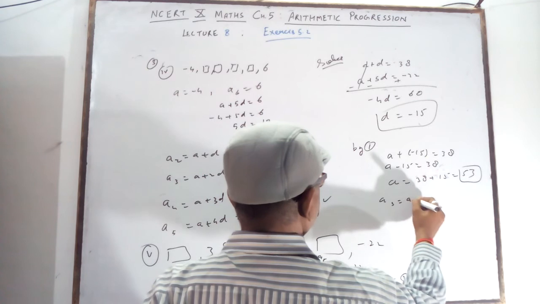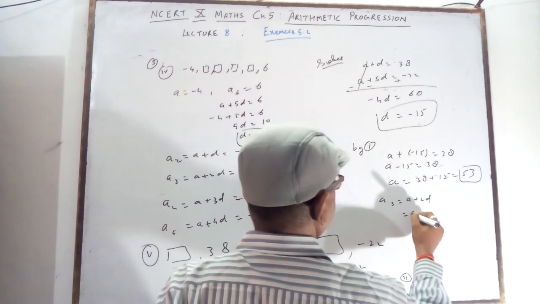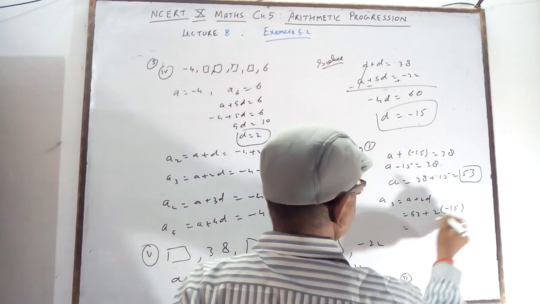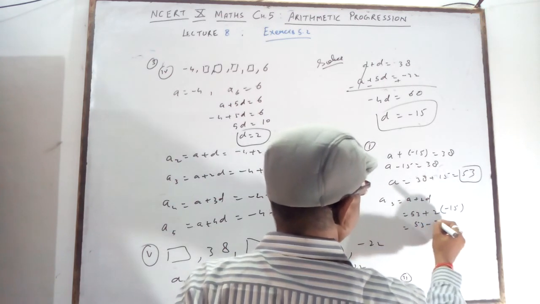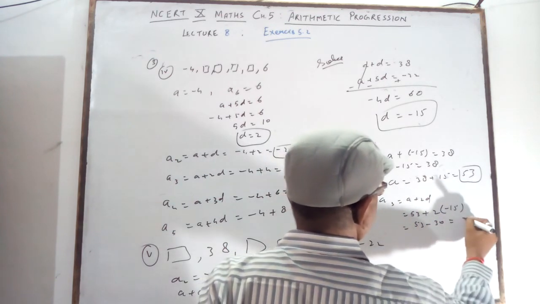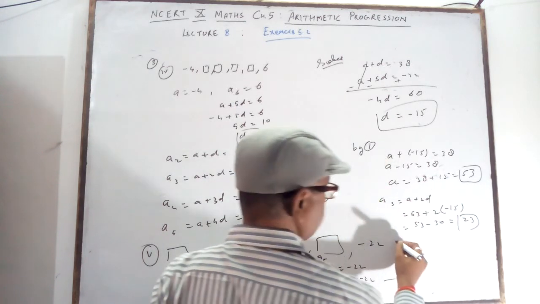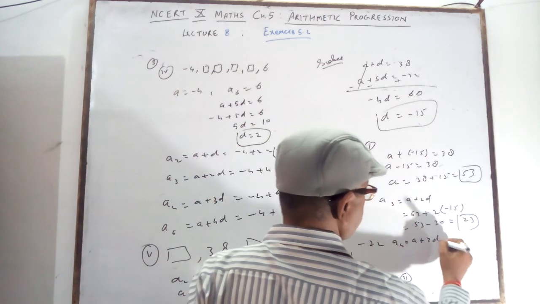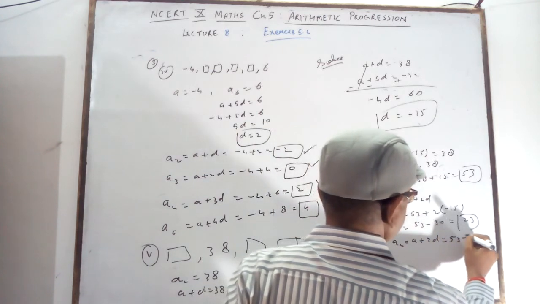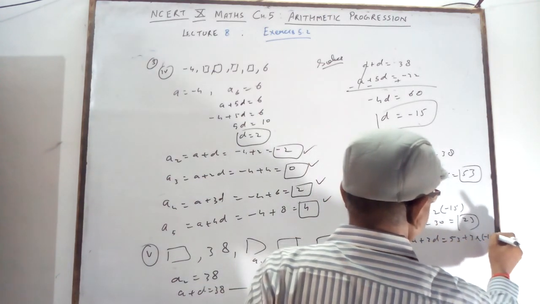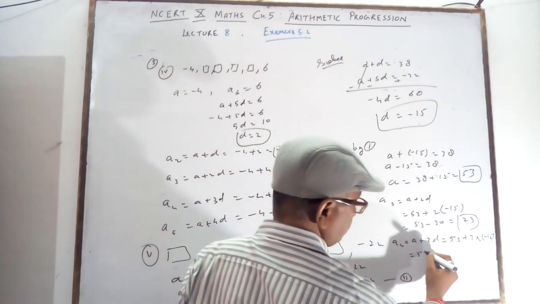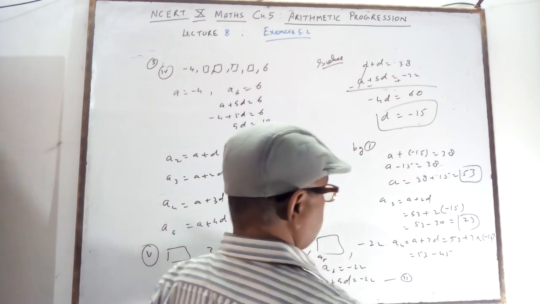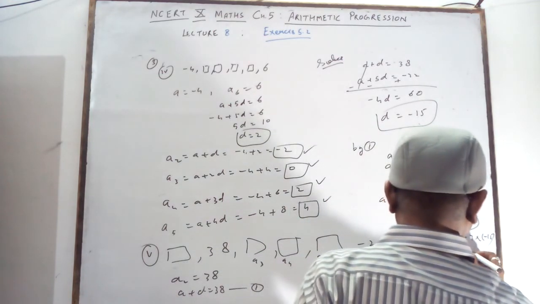A3 is equal to A plus 2D. 53 plus 2 into -15. 15 twos are 30. 53 minus 30, 23 is your A3. A4 will be A plus 3D. That is 53 plus 3 into minus 15 gives you 53 minus 45. 53 minus 45 is equal to 8.